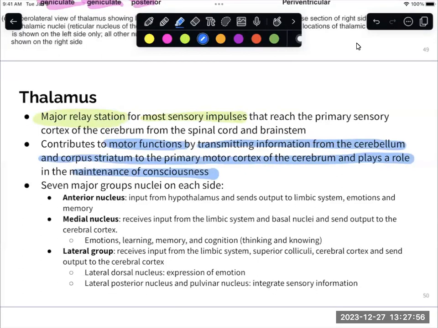All of these different nuclei here, like your limbic system, emotions, memory. We've got the medial, emotions, learning, memory, and cognition. This lateral, expression of emotion, integration of sensory information.